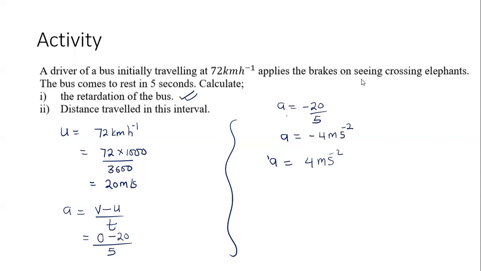Teacher, my answer is 50, and I used the third method. Okay, take us through. v squared equals u squared plus 2as.